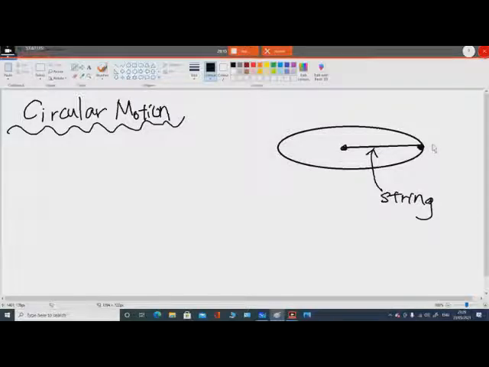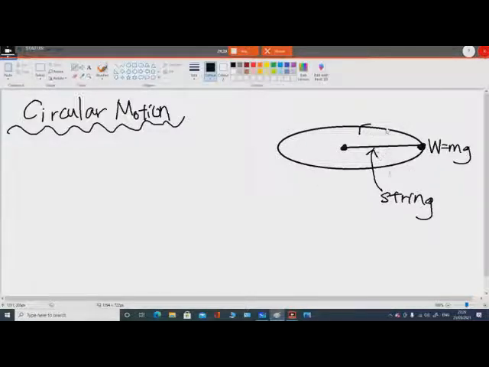So we write the weight as equal to mg. So this will be the object which is tied at the end of the string. Consider we are standing at the center of the circle, and we are allowing this object to undergo circular motion.